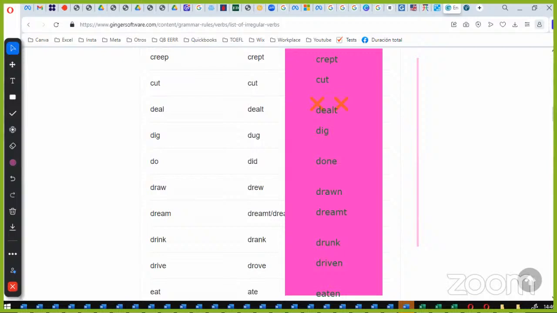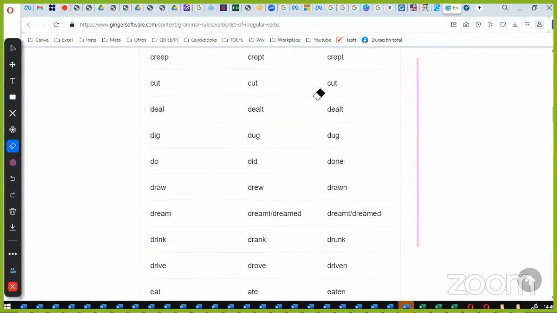Well, big dog. Big dog, and then it's dog again. So, dreamt, drunk, driven, eaten. Okay, so let's continue here.